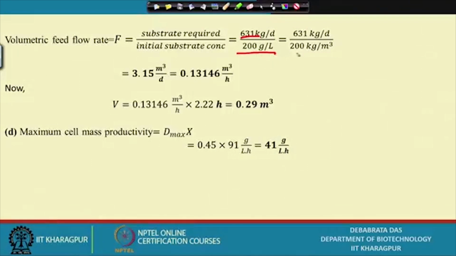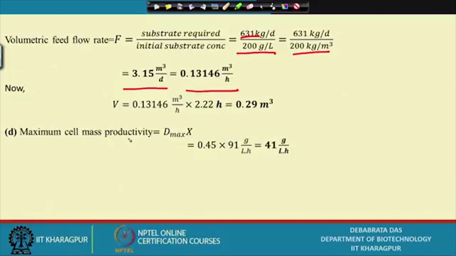Now, 200 grams per liter is equal to 200 kg per cubic meter. So this can be written as 3.1 cubic meter per day, and converting to hours by dividing by 24, we get 1.131 cubic meter per hour.